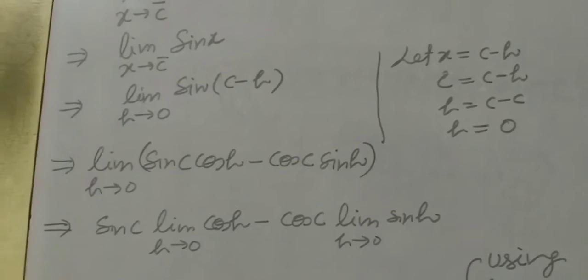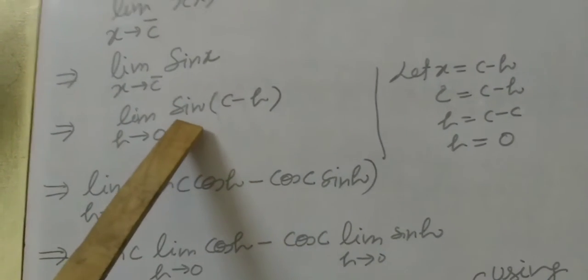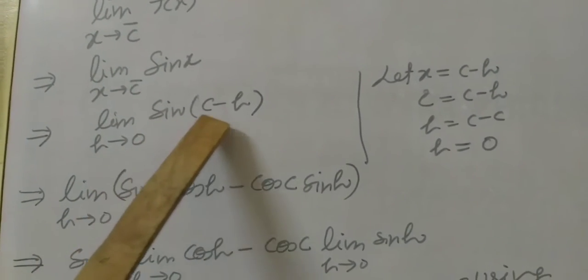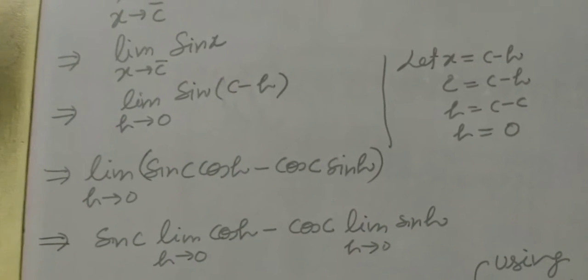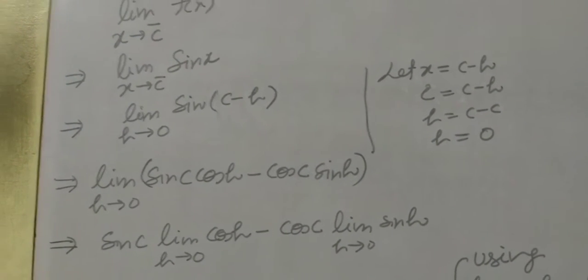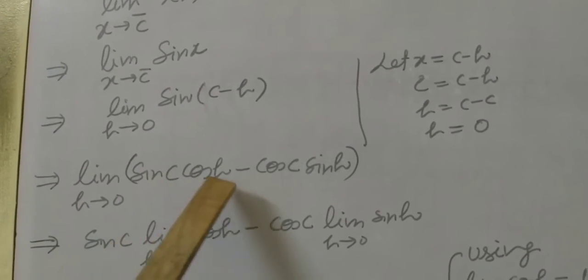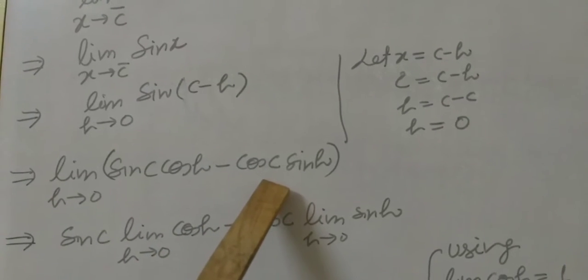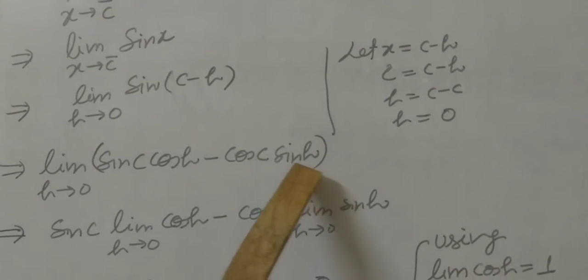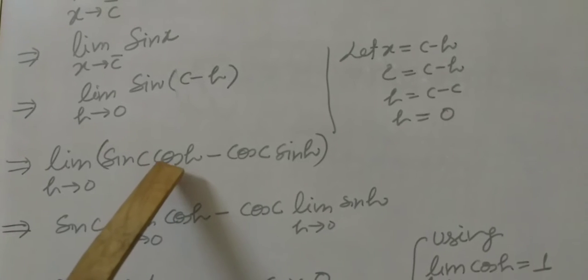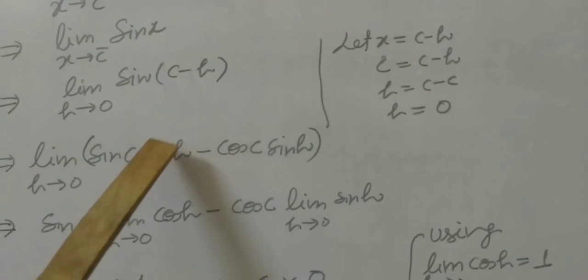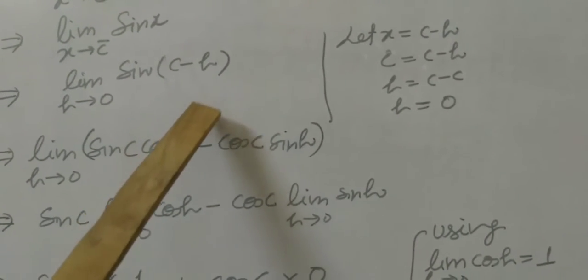Correct? Now students, let us use the identity of sin(a - b). We know that sin(a - b) = sin a cos b - cos a sin b. In the place of a we write c, and in the place of b we write h.